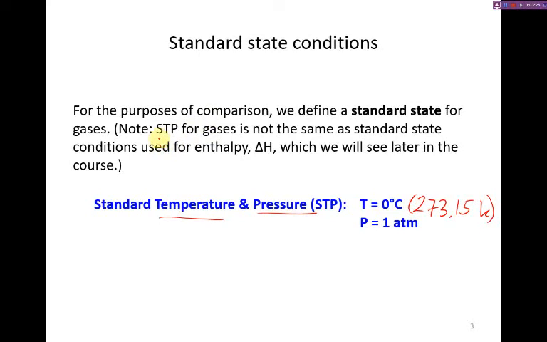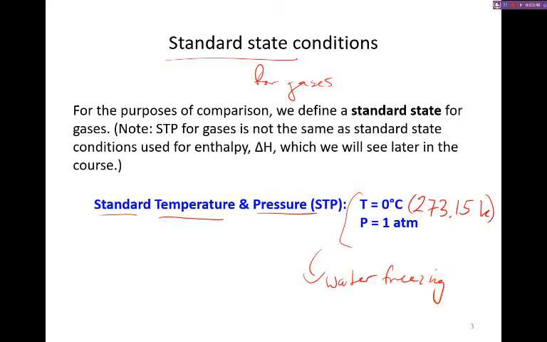But for now, when we talk about STP, that's standard temperature and pressure. This is standard state for gases. And you need to remember that we're talking about 0 degrees Celsius and 1 atmosphere. You can think of this as essentially we're talking about water freezing. That's a benchmark that you could use.